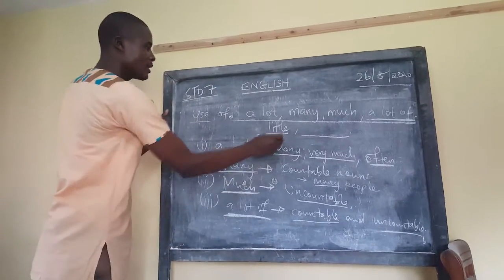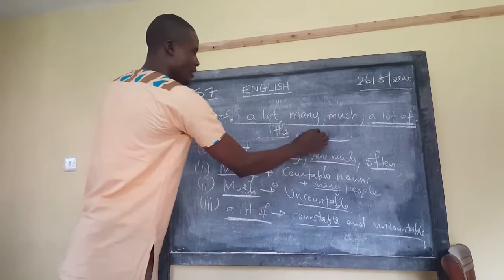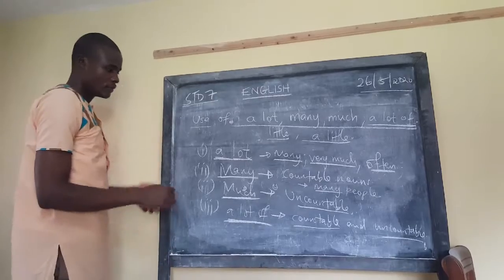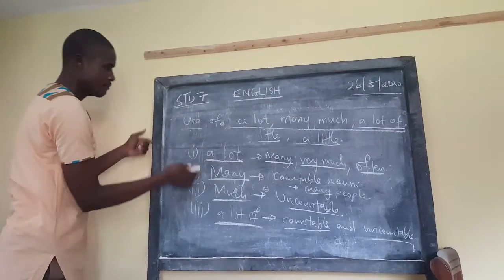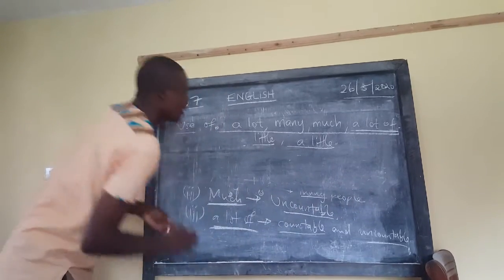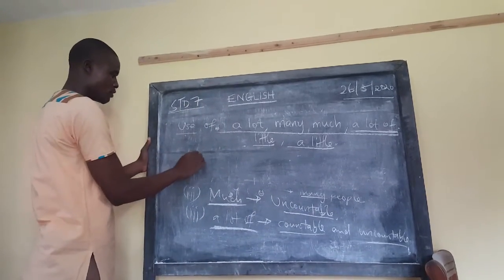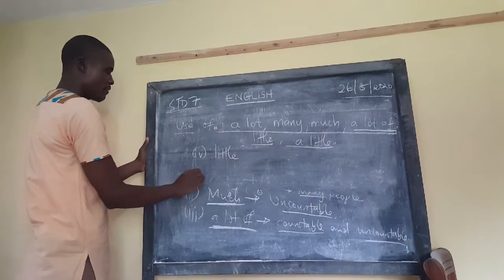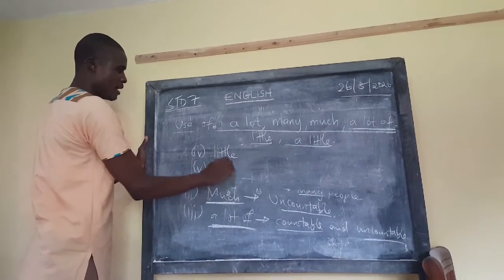And then we have little, and then a little. I didn't write "a little" here. So just to give more emphasis before we go to the exercise: little is number 4, and then number 5 we have a little.